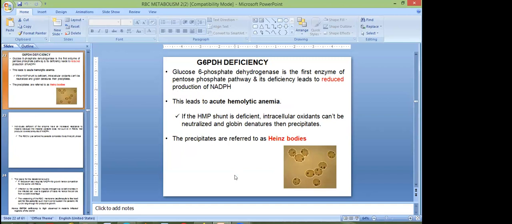That your red blood cells will lyse because of these oxidative elements. And before it lyses, it forms the Heinz bodies, because intracellular oxygens cannot be neutralized or reduced, and the globin denatures and precipitates as Heinz bodies.